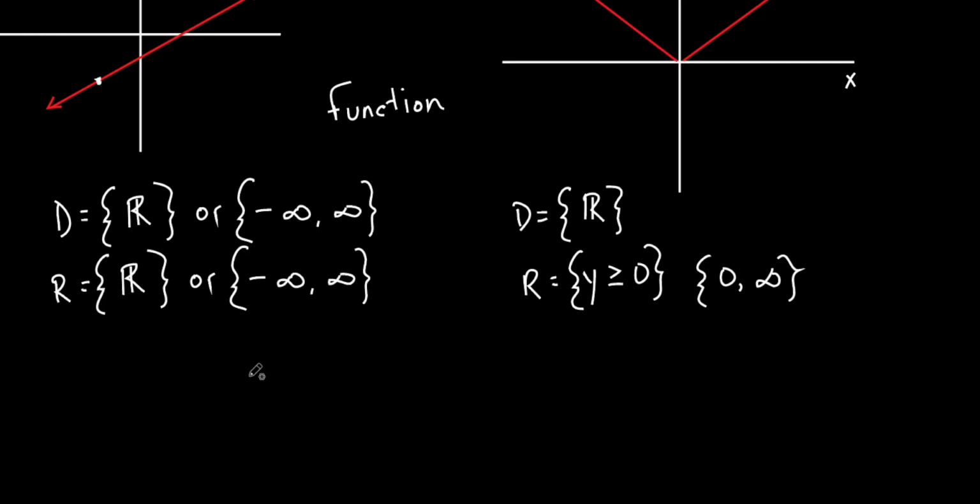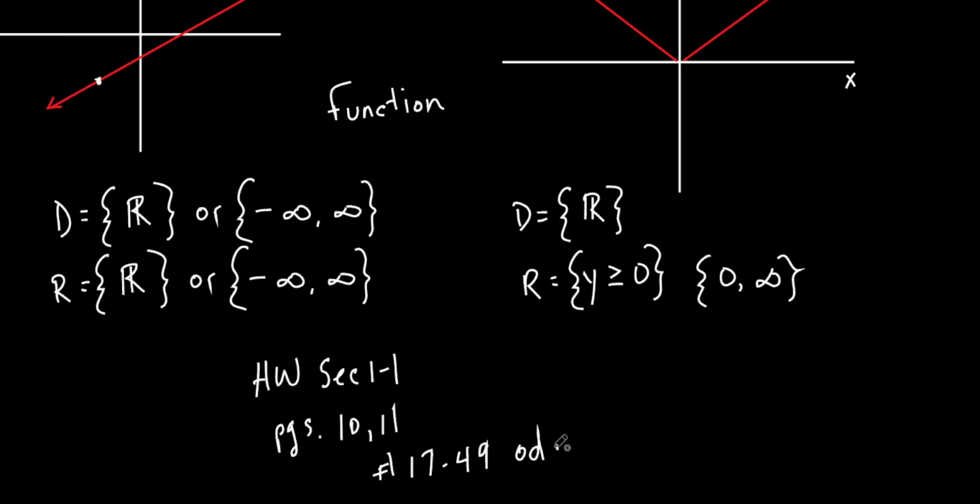So officially, the homework is going to be section 1.1, and it's pages 10 and 11. Now again, we haven't hit everything yet, but if there's a few in there that you can do, now there's a lot, but these are pretty easy. 17 to 49, odds.